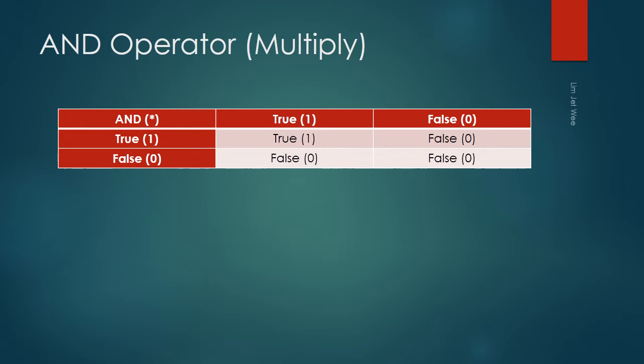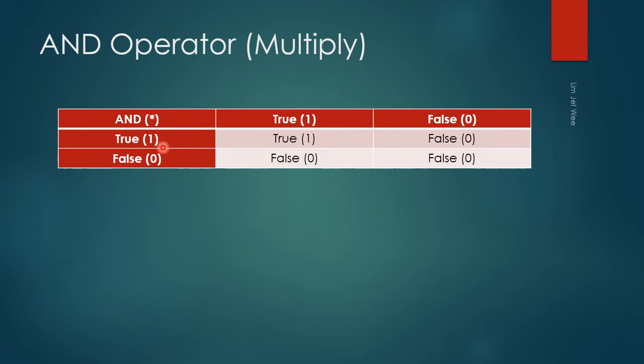Another way to help you remember this is to remember it by mathematical operator. The AND operator is equivalent to multiply. So AND is multiply. Then what happened to the true and false?